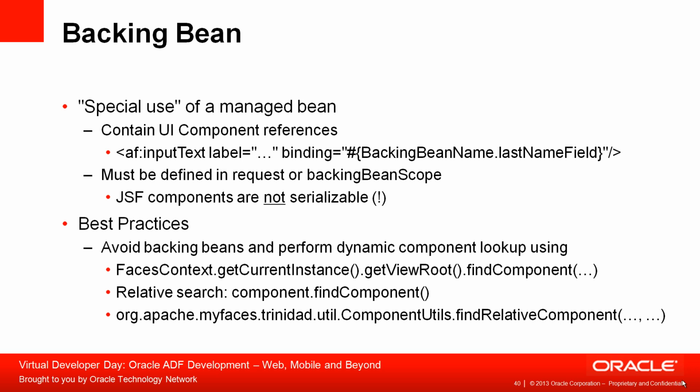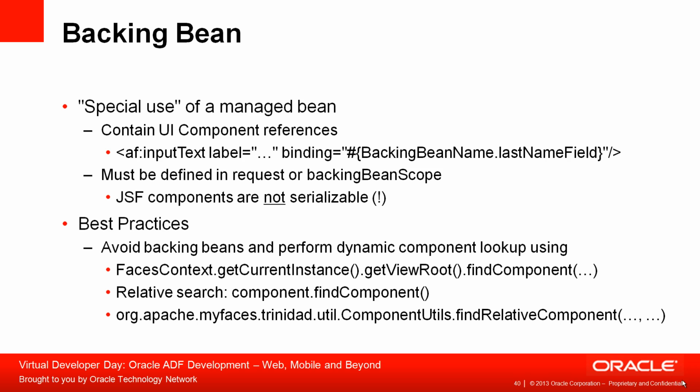If there is a reason for you that you want to reference a component like a rich input text field, then you can dynamically look up that component from the view root, just calling FacesContext get current instance, get view root, and then find component by its ID. Of course, considering naming containers.